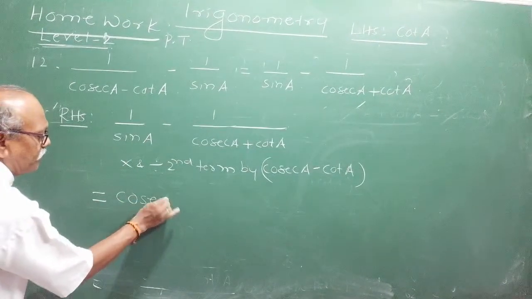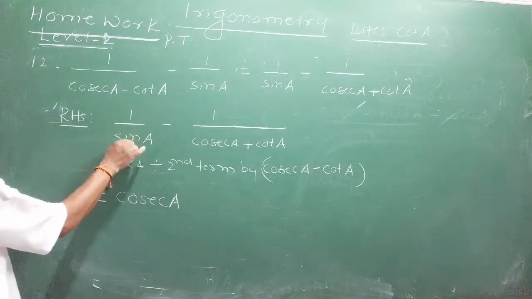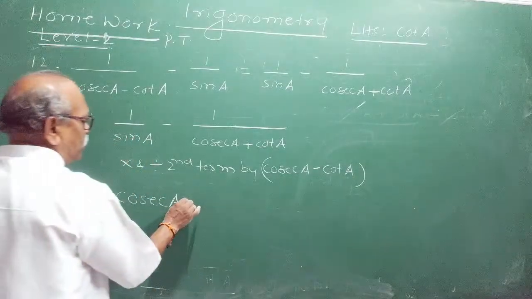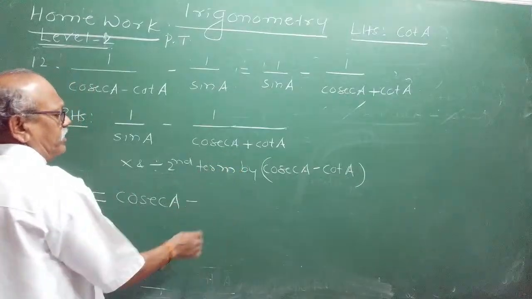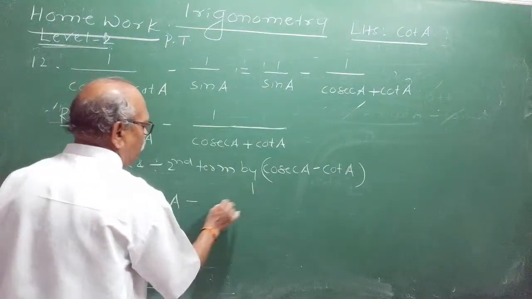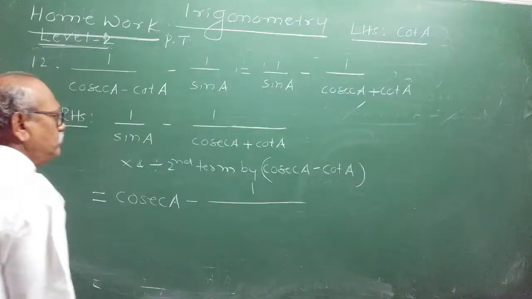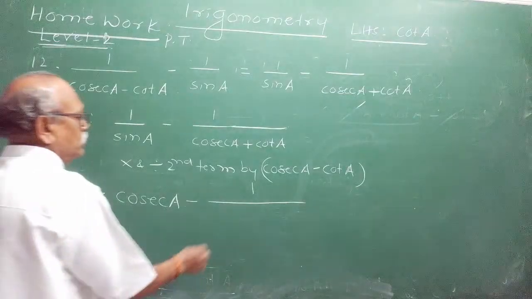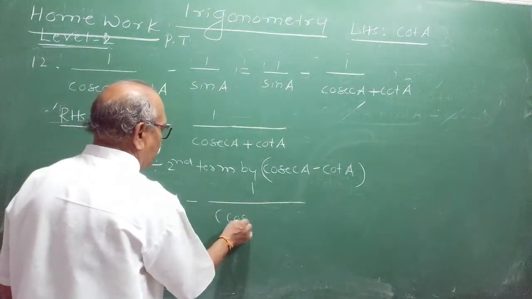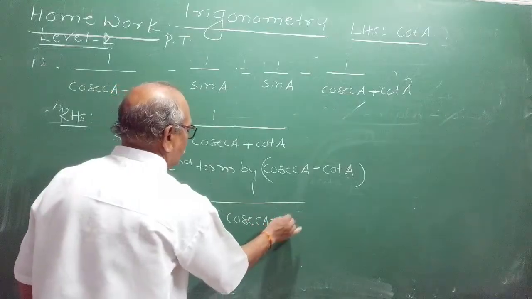Cosec A. We have eliminated the first denominator. Now our plan is to eliminate the second denominator. That is 1 divided by cosec A plus cot A.